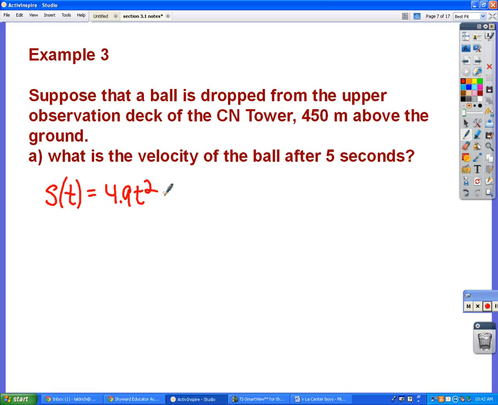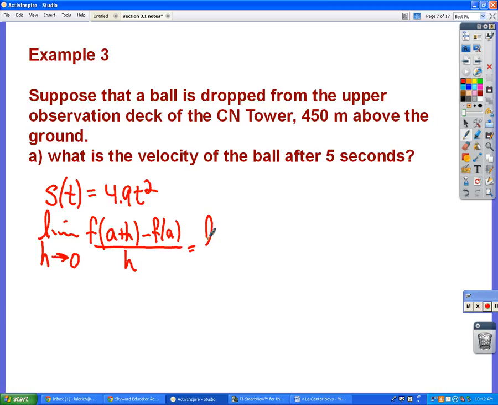Let's do the h one. Let's do the 0 one just for funnies, just to try something different. If you look at the h definition, it says the limit as h approaches 0 of f of a plus h, minus f of a, divided by h, right?